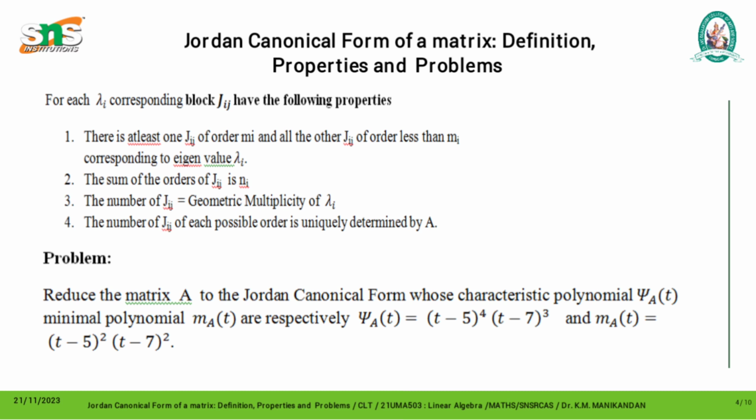So there is at least one Jordan block J i j of order m i, and all the other Jordan blocks are of order less than or equal to m i, corresponding to the eigenvalue lambda i. So corresponding to each lambda i, there is at least one Jordan block of order m i. Similarly for every one.